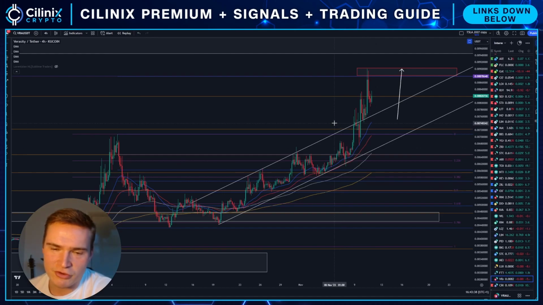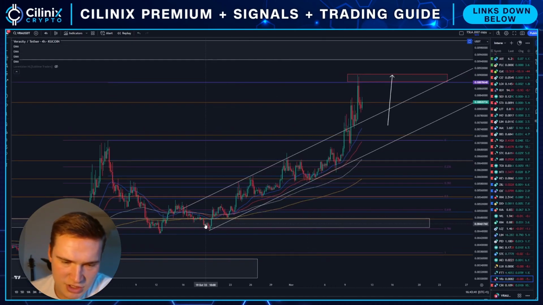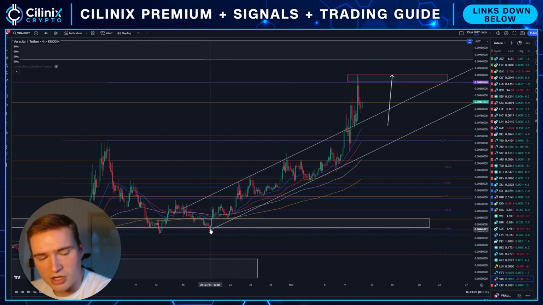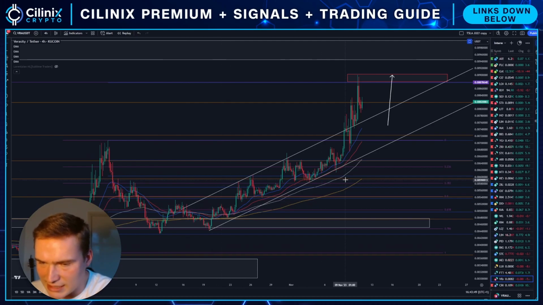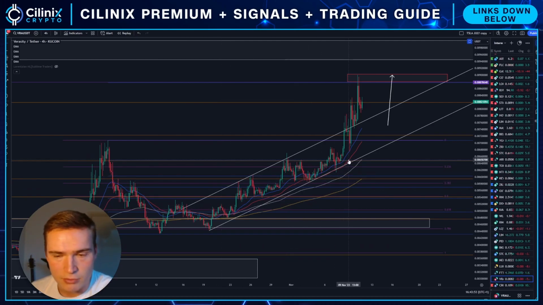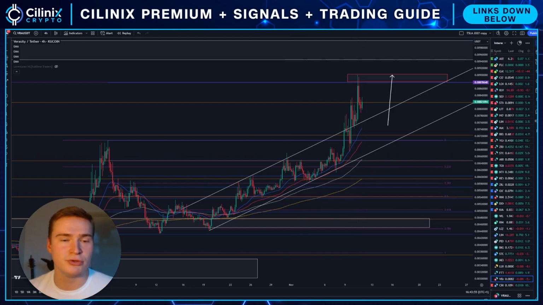But here you can see, if you take a look at the technical market structure, basically since the 19th of October, when it started another rally after that bullish news right here, it has been super bullish. It has never broken below the 50 EMA, which is this red line right here. Usually, if a price bounces off of that and uses it as a guideline to trend up, that's very bullish.